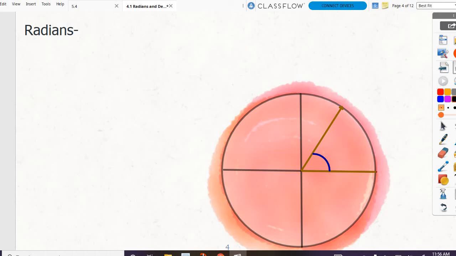So you need one person from your group to come get a piece of string if your group does not already have one. Then you're going to need one of the whiteboards and one of the dry erase markers from underneath your desk.